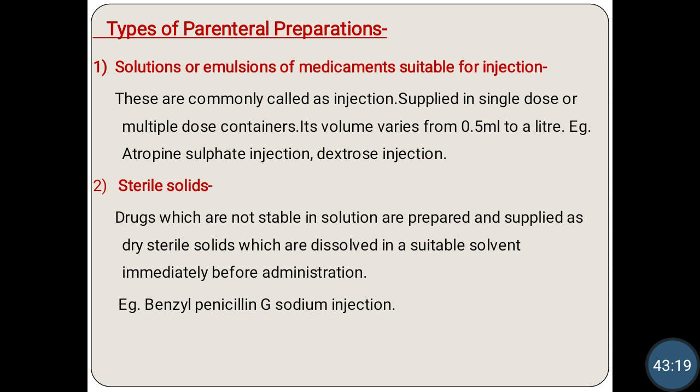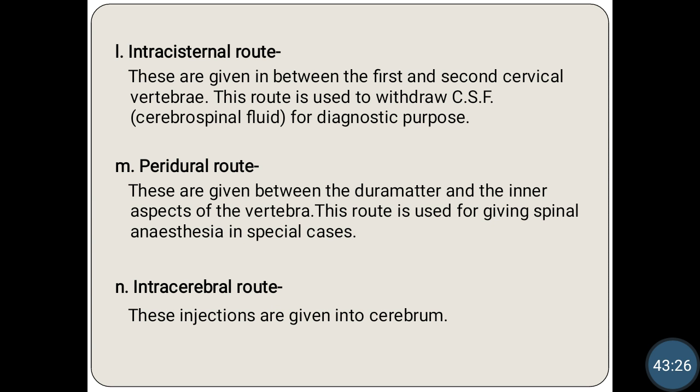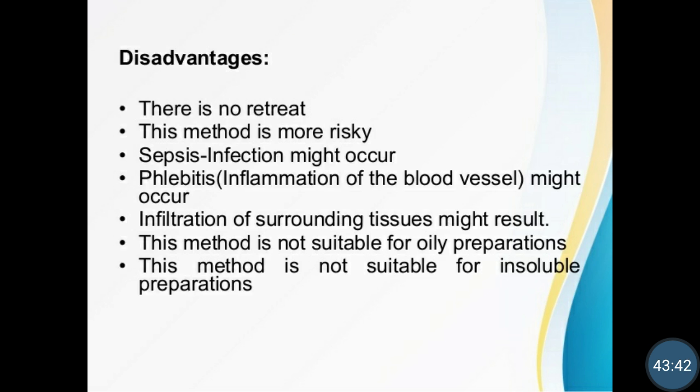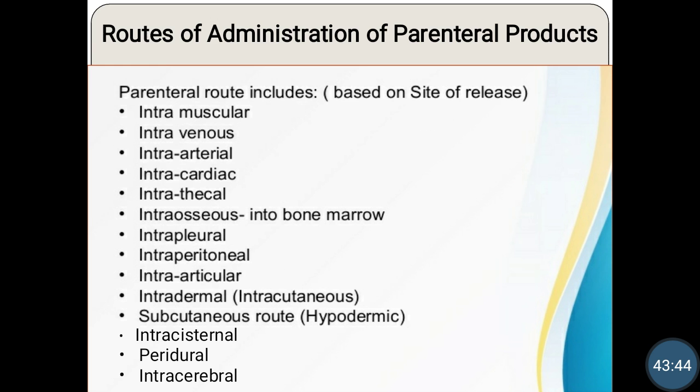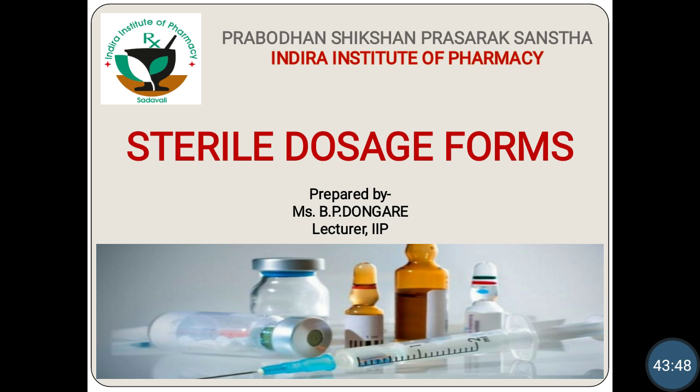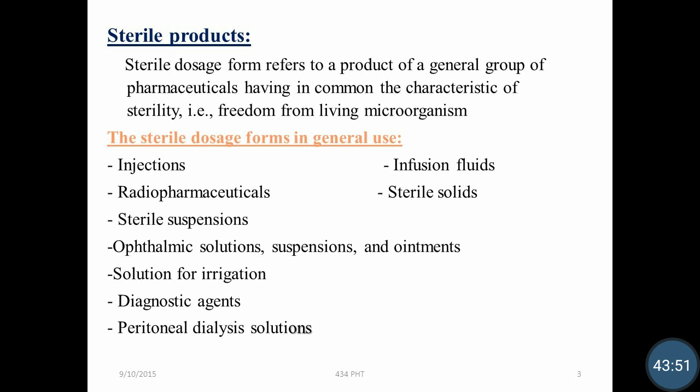So once we revise this, sterile formulation means the formulations which are completely free from all types of microorganisms, pathogenic or non-pathogenic, and the pyrogens, are known as sterile preparations. There are a number of sterile preparations like parenterals, transfusion fluids, ophthalmic preparations, then dialysis fluids, irrigation solutions, infusion fluids.